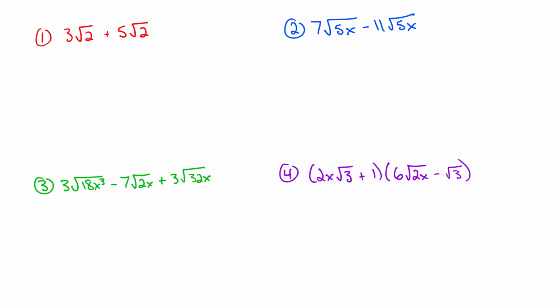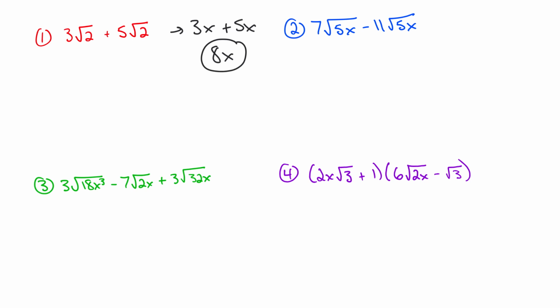So for problem number 1, it is 3 root 2 plus 5 root 2. You can think of this as the same thing as me saying, what is 3x plus 5x? Because the variables are the same, you can add the leading coefficients, the 3 and the 5, and just be left with 8x. That's my answer to this made-up example.